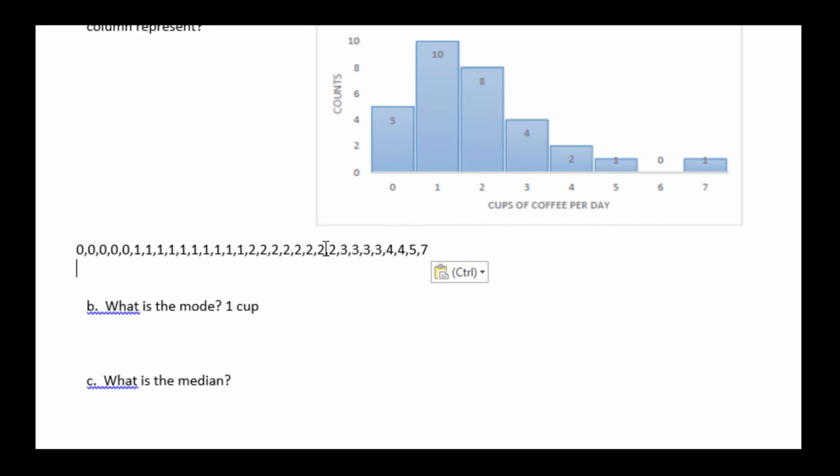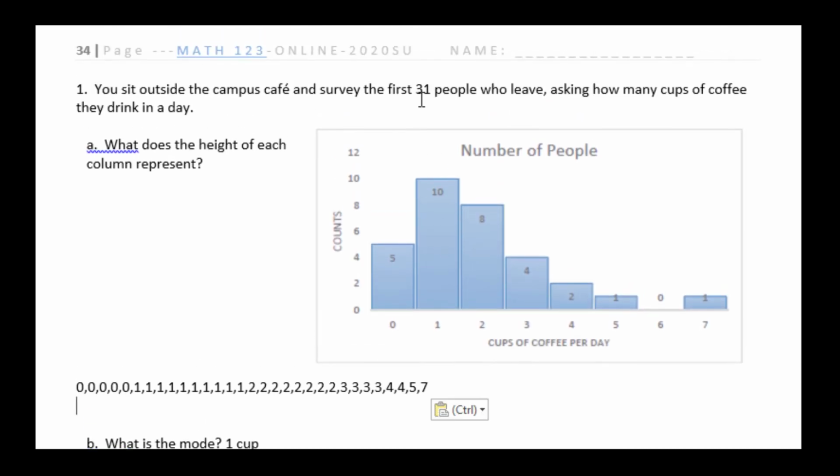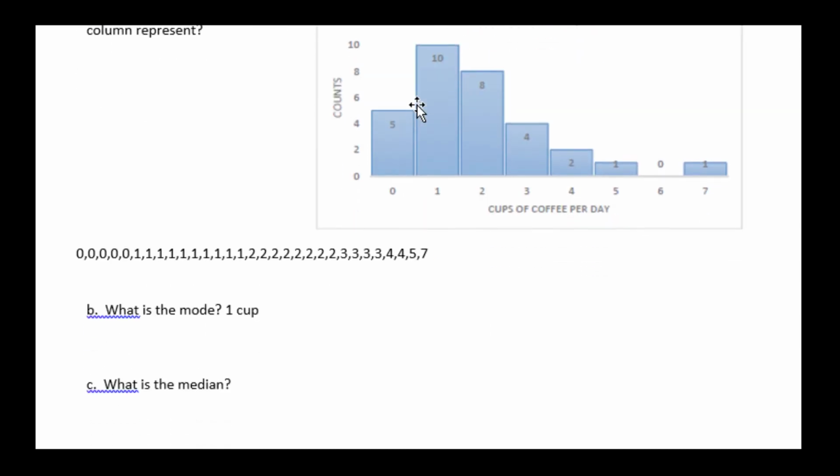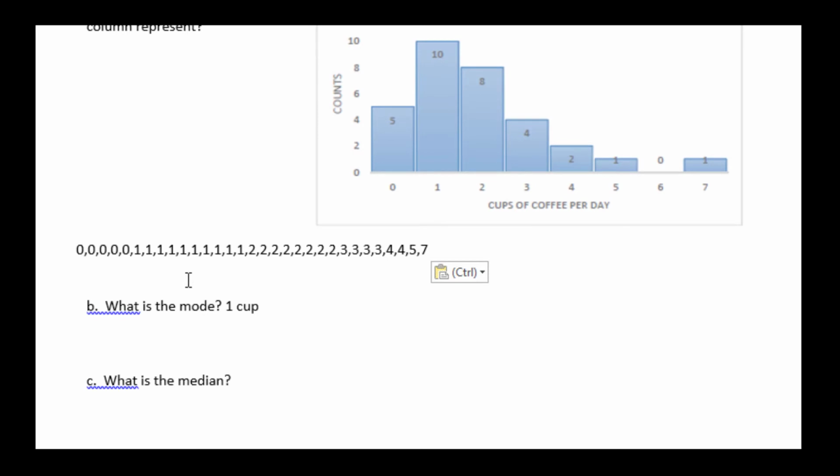Now I'm looking for the middle of this set of data. Well, being that there's an odd number, 31, it's going to be 30 divided by 2 is 15, but you've got an extra one. So it's going to be the 16th one. So you could count them out here, and you're going to get right here to the 16th one. That's the one in the middle, which is 2 cups.